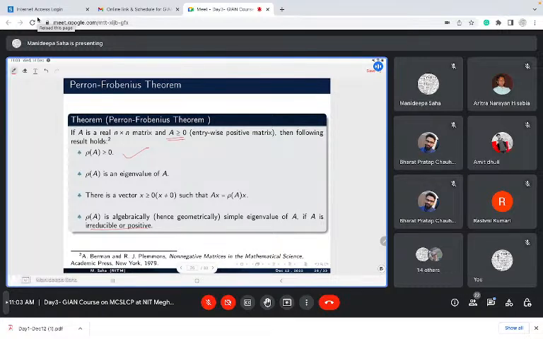Now, this theorem holds for non-negative matrices. In the previous slide, we saw a relation between the non-negative matrices and the matrices that leave a proper cone invariant. So this Perron-Frobenius theorem can be generalized to these pi(K) matrices.